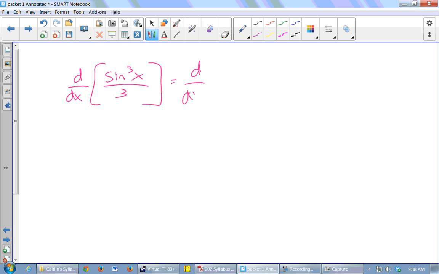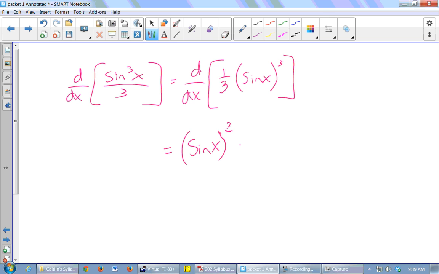So that would be d dx of, that really means 1/3 times the sine of x cubed, right? So rewriting that notation can really help remind you what you're supposed to do here. So what should I do? Yeah, it's going to be the power rule. Yes, I'm going to bring the 3 down in front. It cancels with the 1/3. So I'm going to have sine of x squared, then what? Times cosine of x, right? Chain rule.